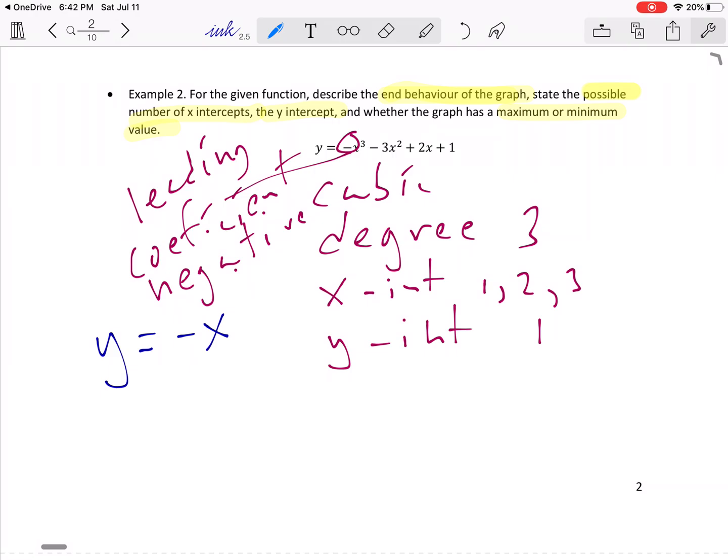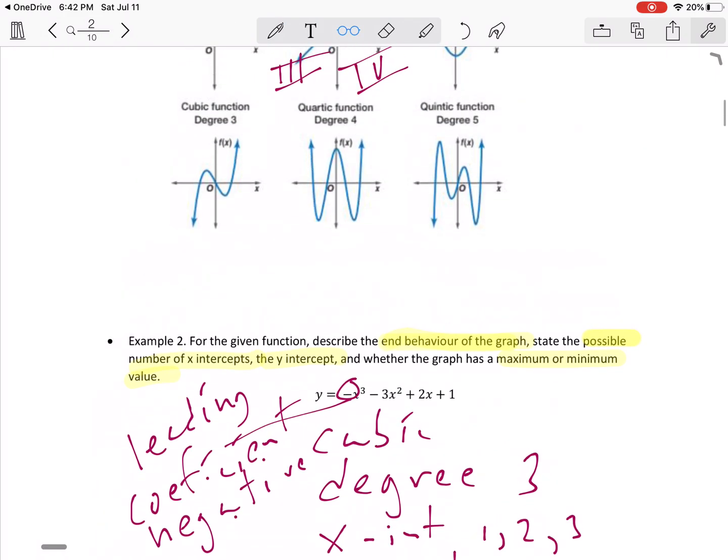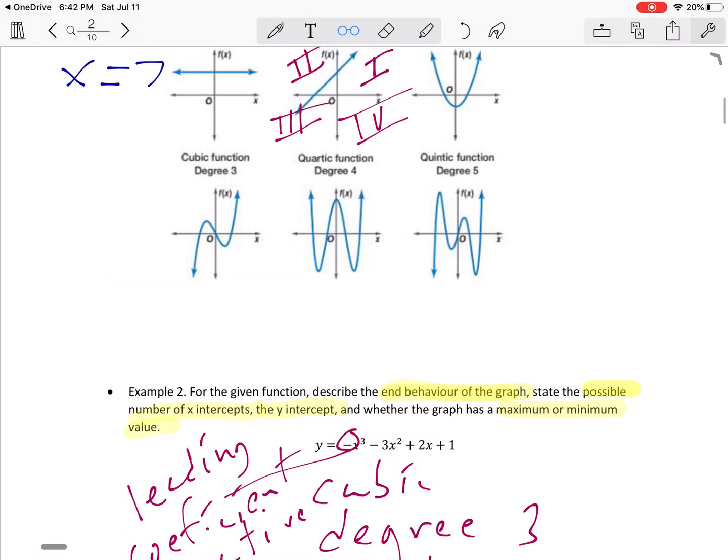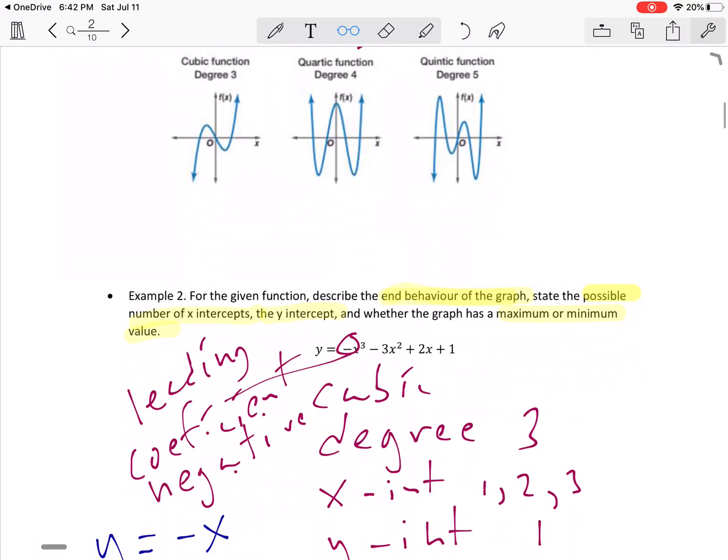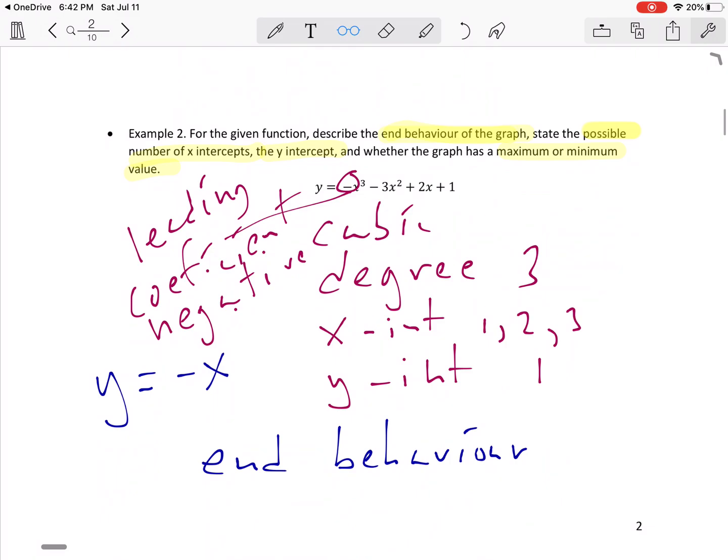So what that tells you is the end behavior is going to be, so again, go back to the shape. The end behavior here is going to be quadrant 2 and quadrant 4.